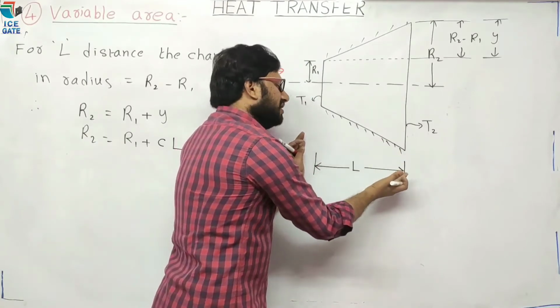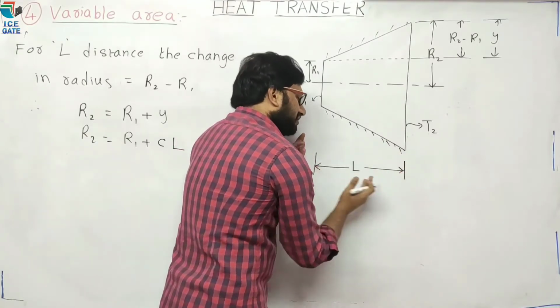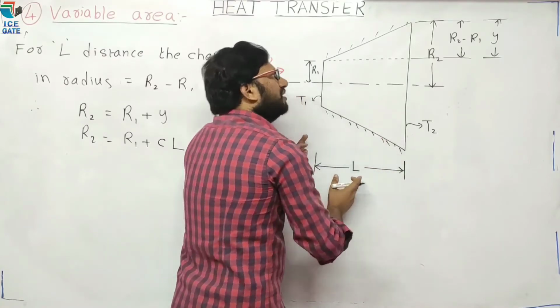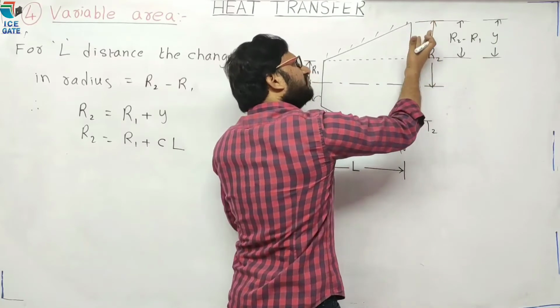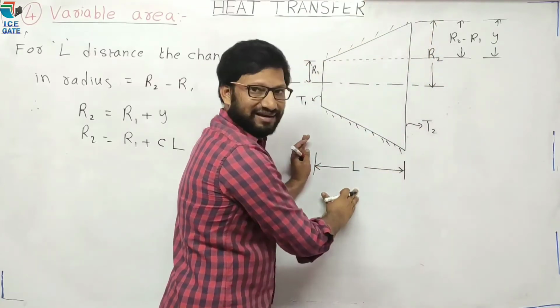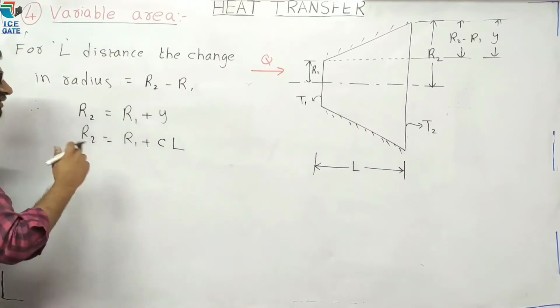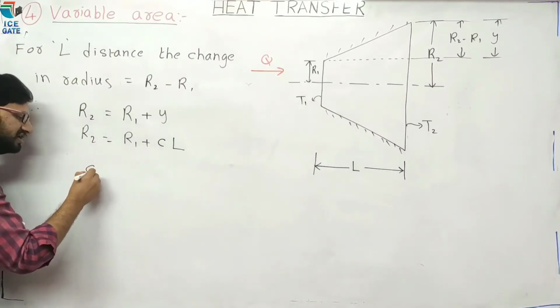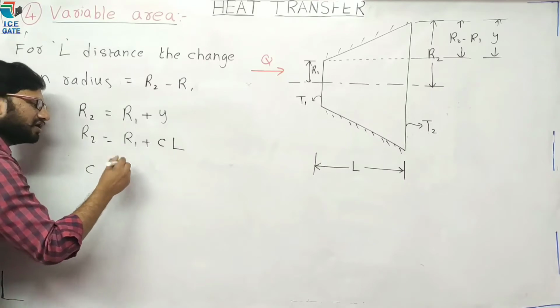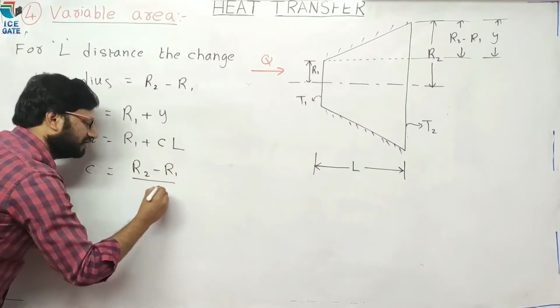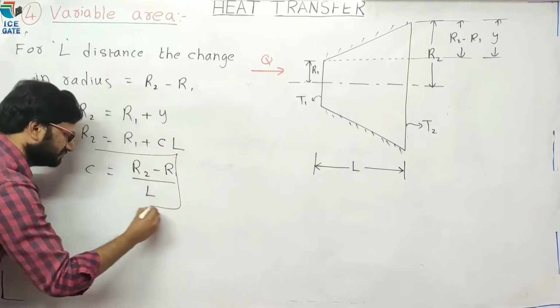Here we know the length of this object. Now this distance is converted in terms of L by taking some constant c. Now write down constant c from this equation. Now constant c is equal to R2 minus R1 divided by L.